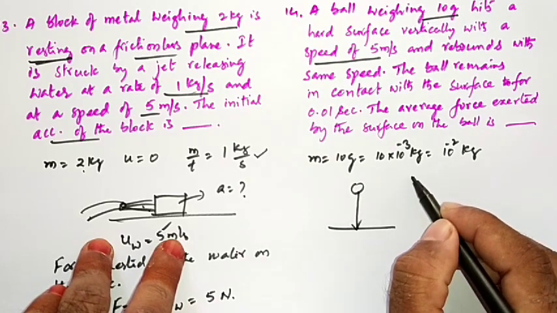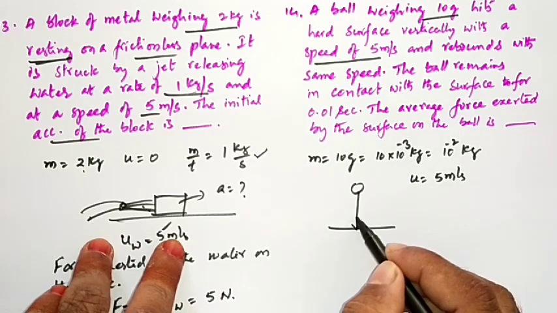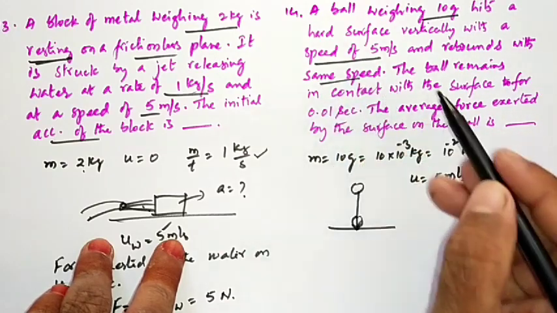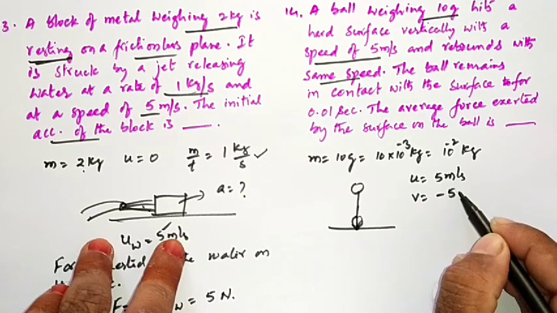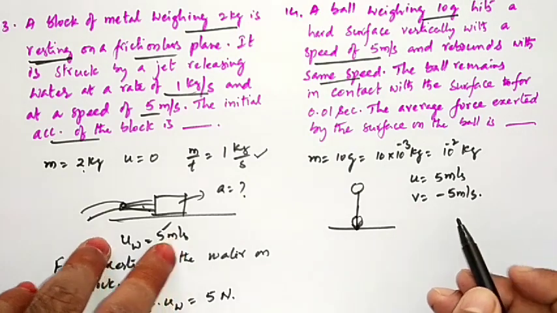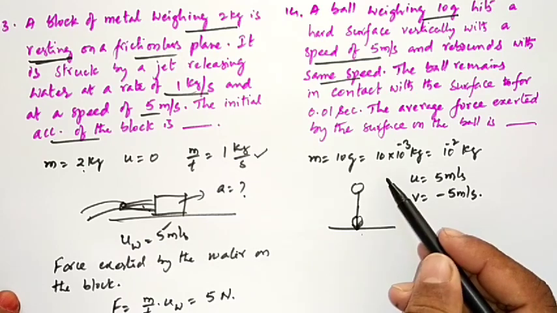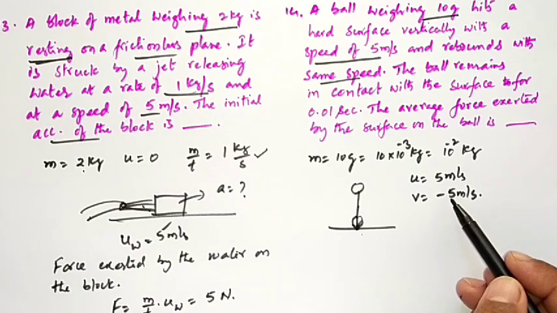With what speed is it hitting the surface? u is 5 meters per second, before hitting the surface. And it rebounds with the same speed. Again, it is moving up with the same speed. v is equal to minus 5 meters per second. This is very important because initial velocity is downward, final velocity is upward. So that is minus 5. Be careful while working with this.